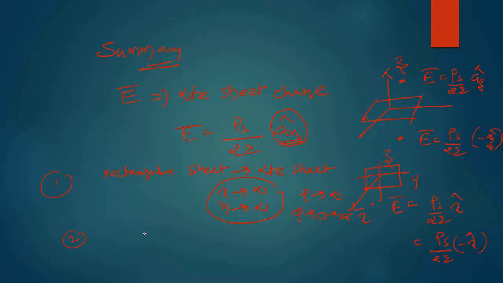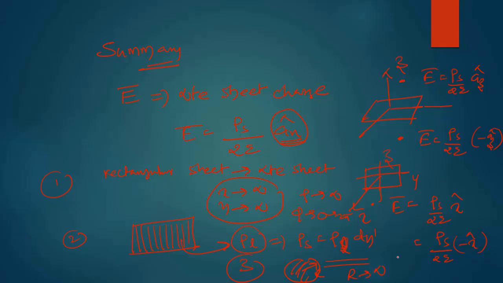In the second case, we took the sheet as a collection of many lines. One line has rho L, and we got rho S from rho L by making y tending to 0. In the third approach, we took a circular disc of radius R, and by making R tend to infinity, we again get the infinite sheet.